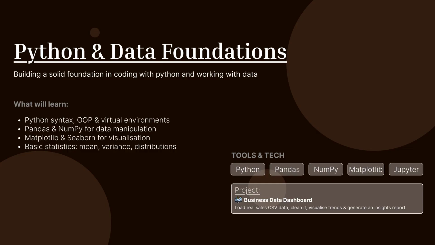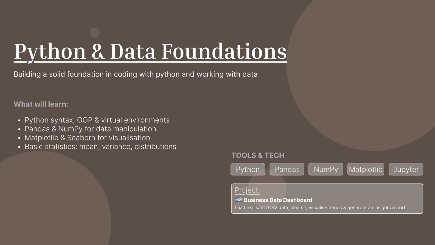I'm also going to be covering pandas and NumPy and basic statistics just to understand how Python functions. And I'll be working on a project. The project will be a business data dashboard for us to absorb everything we need and grasp it to master it.